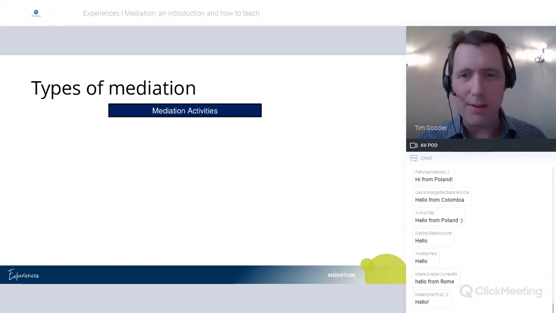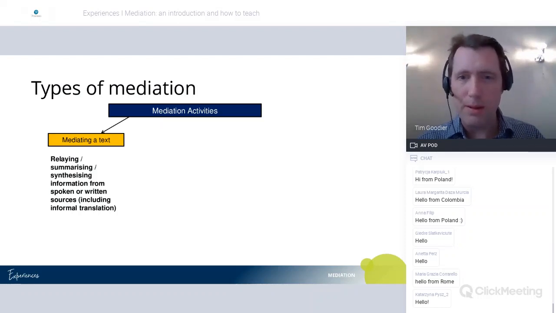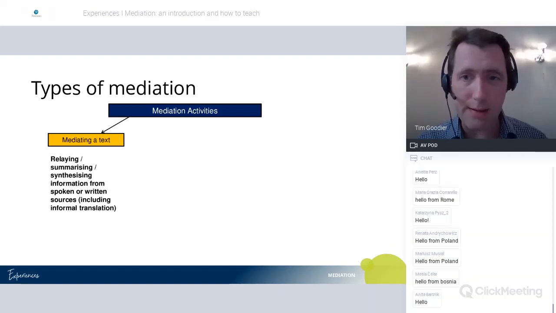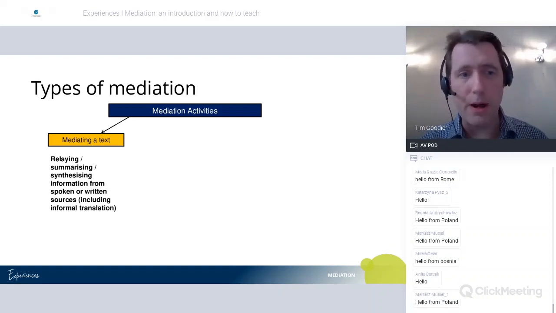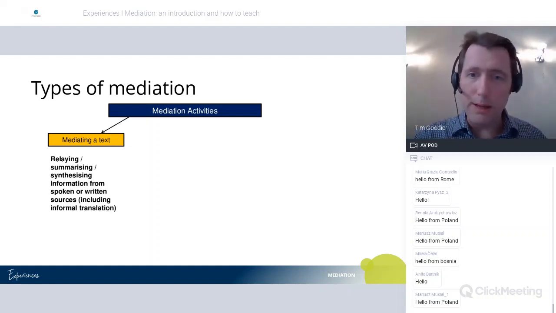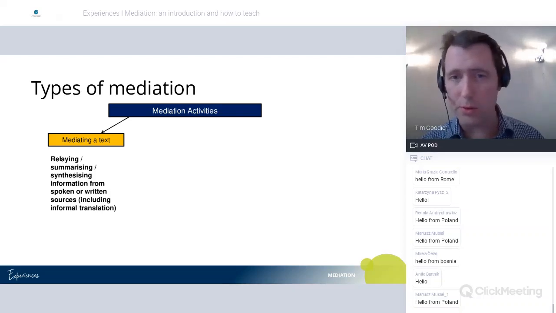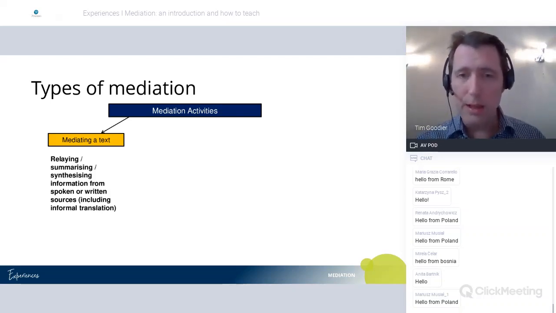So mediation activities in the CEFR can be looked at in three ways. One of them is mediating a text. And this is where you have understood something and you reformulate it to help someone else understand it. So you might be relaying and conveying the content of something you have read or listened to. This could be summarizing or synthesizing, as I mentioned before, where you've got several sources and you're selectively synthesizing ideas and the message.